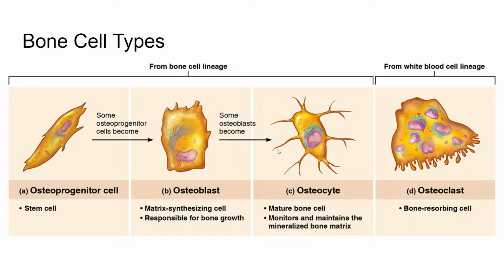And they will mature to become the osteocyte, which is a mature bone cell. They're going to be inside these little spaces called lacunae, and they maintain the bone matrix. You'll see that lacunae in a second, so don't worry about that. But they maintain the bone. They keep it going. All throughout the bone, there are these cells, but most of the bone is just this inorganic material. And then there's osteoclasts.